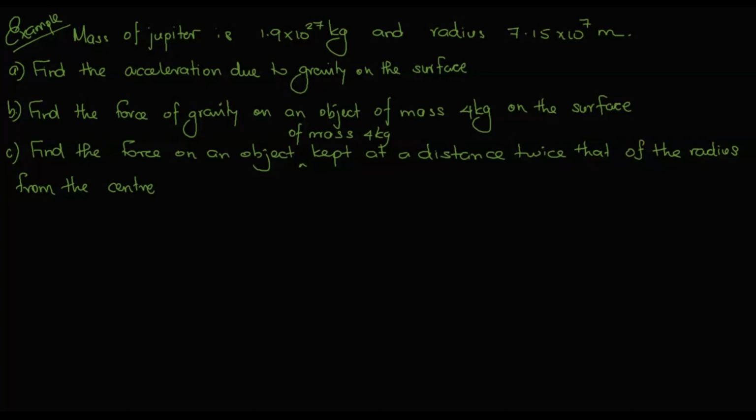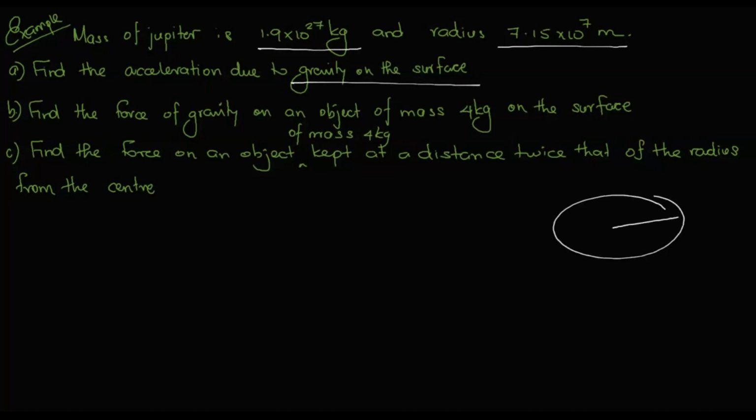So we have the mass of Jupiter, which is 1.9 times 10 to the power of 27, and we have the radius of it. The first thing is find the acceleration due to gravity on the surface. So we have Jupiter, we have the radius here, capital R, we have the mass, and acceleration due to gravity is given by GM over r squared.